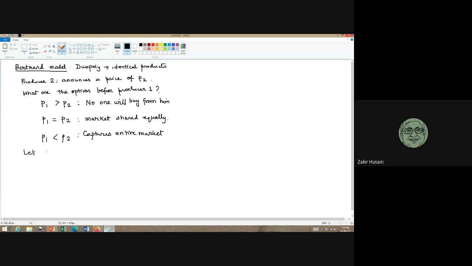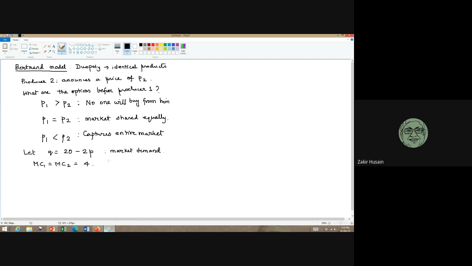Now, let us suppose that the demand curve is Q = 20 minus 2p. This is the market demand curve. And we assume that MC1 is equal to MC2, and that this is constant at 4.